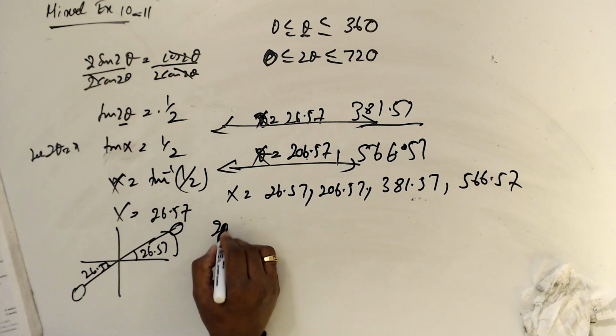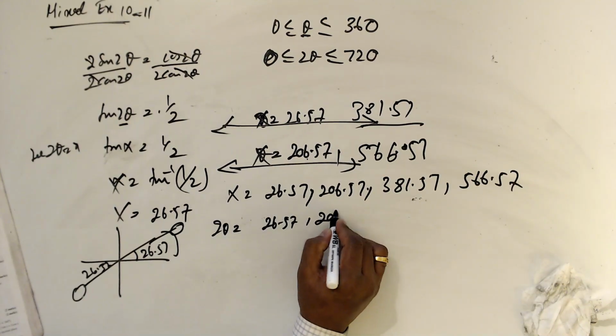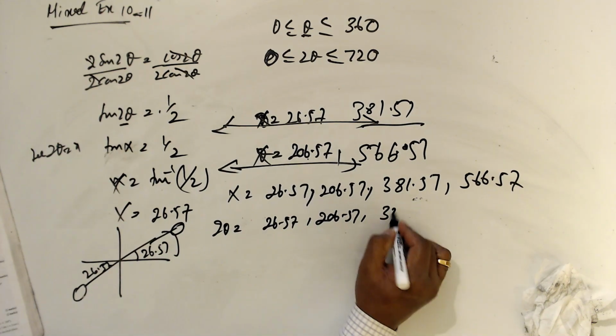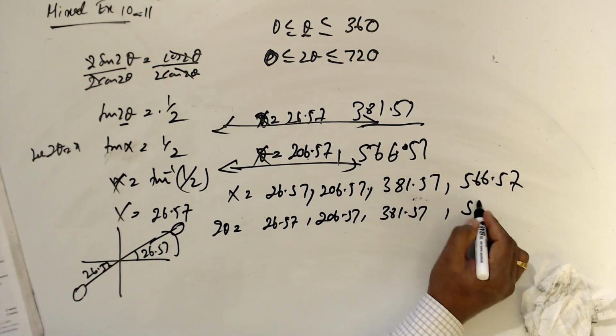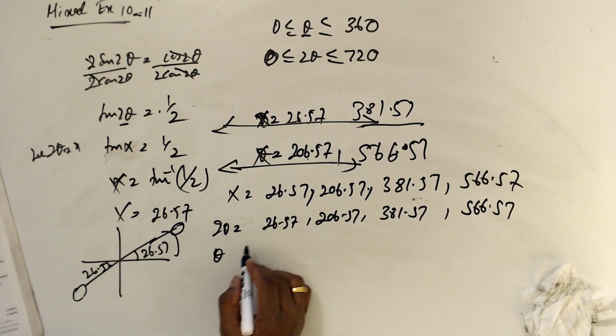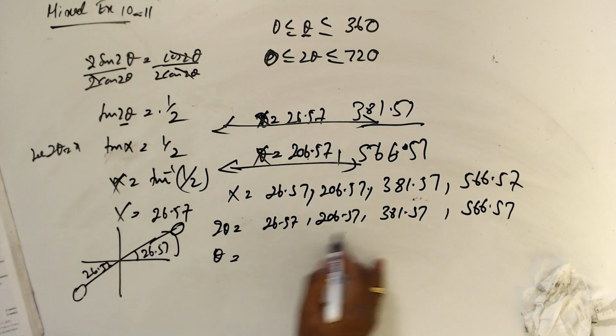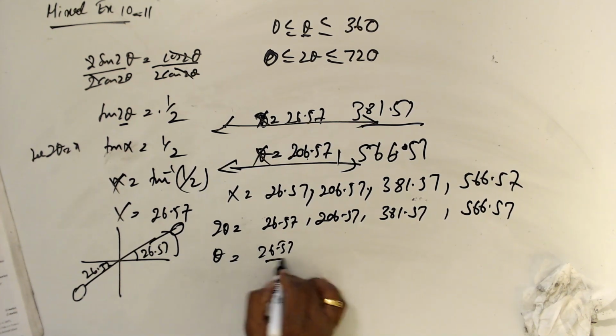So this is 2 theta equals 26.57 up to 566.57, and for theta I need to divide these by 2.